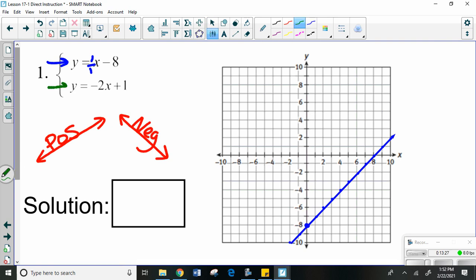Then my second line, we have a y-intercept at +1. My slope is a negative this time, so my line is going to be decreasing down 2/1, down 2/1, down 2/1. There's my intersection point.